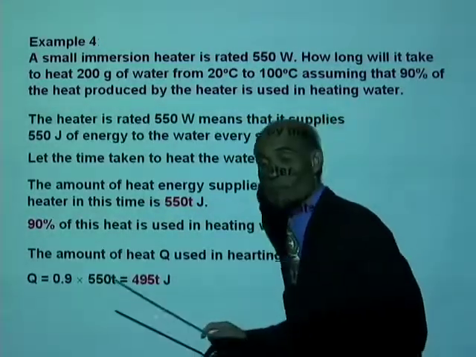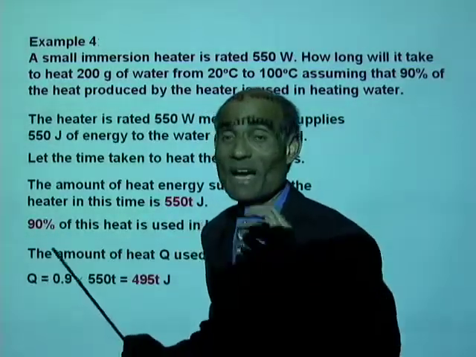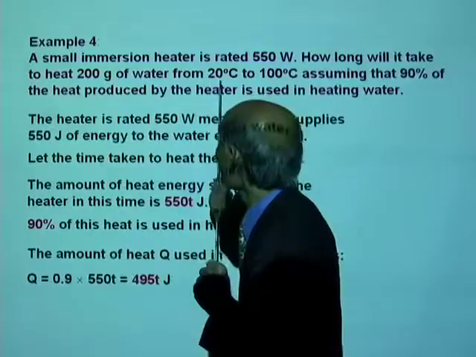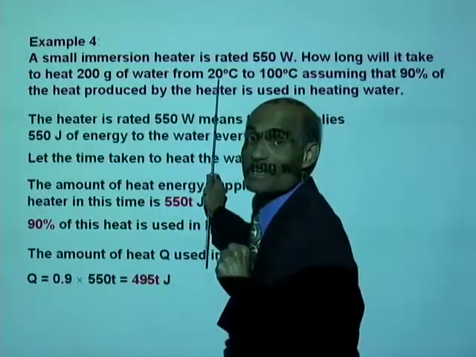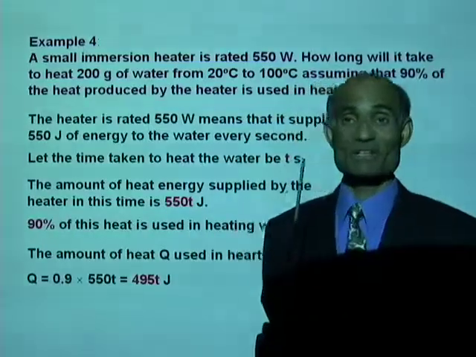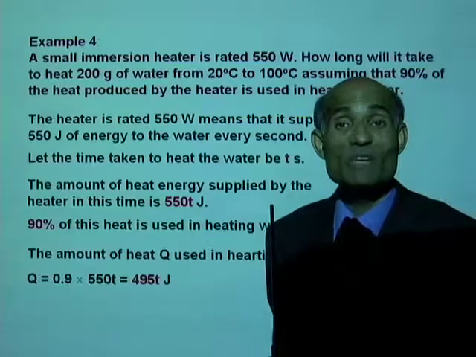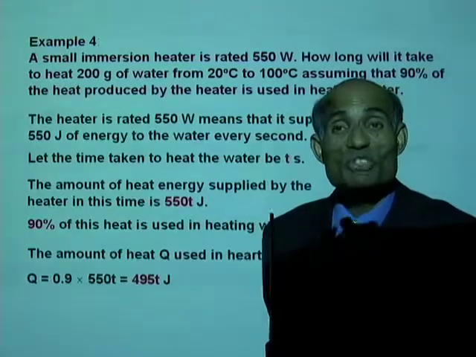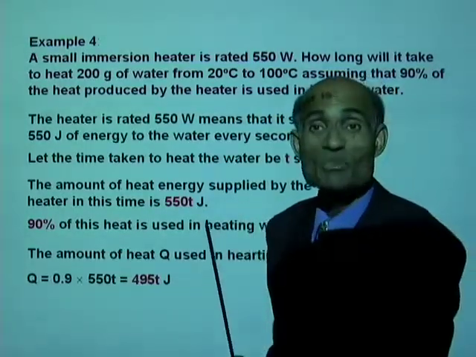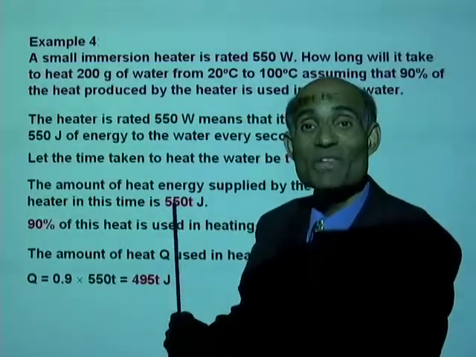Now, this is the amount of heat supplied to water. Now, this heat is used by water to increase its temperature from 20 degrees Celsius to 100 degrees Celsius. Now, what is the formula for the amount of heat used in raising the temperature by an amount delta theta? It is mc delta theta.